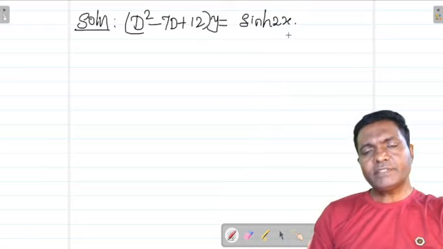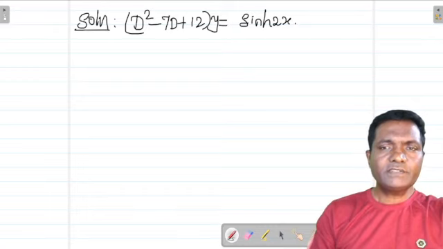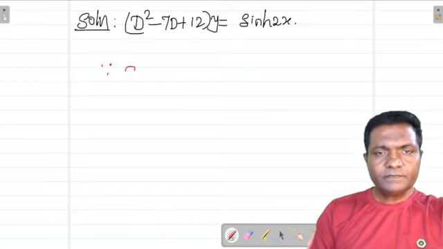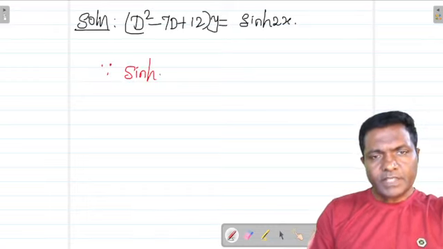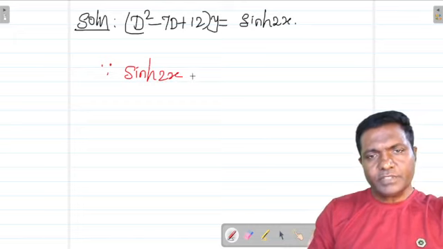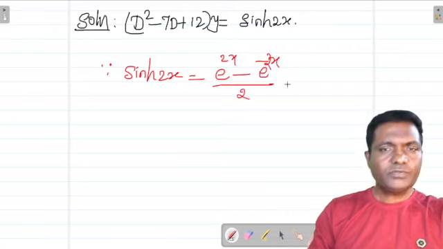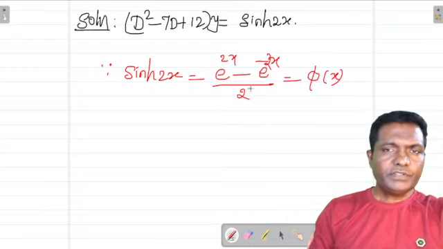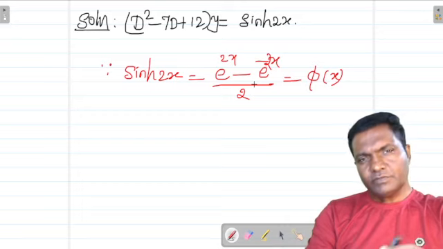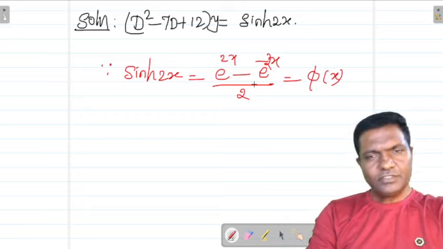Okay, so I have given sine hyperbolic 2x. So remember that sine hyperbolic 2x you need to write as e power 2x minus e power minus 2x by 2. So this is your phi of x function. With this you have to find the general solution.